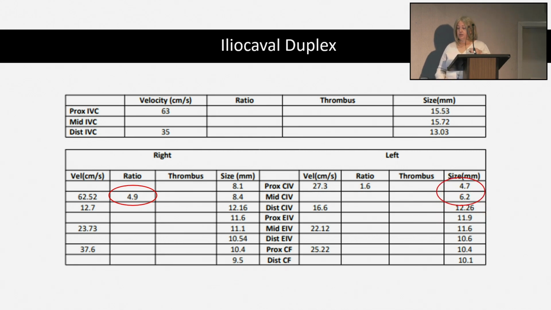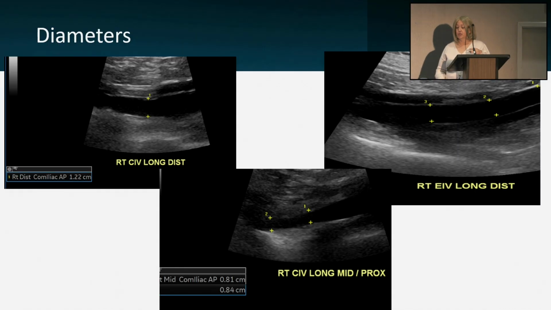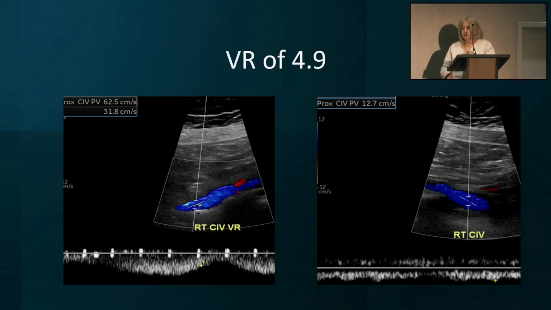But on her ultrasound, you can see the visible narrowing there in her common iliac vein. You can see it, the distal common iliac vein was 12.2 millimeters, going to 8.4 and 8.1, giving you a velocity ratio of 4.9, going from 13 centimeters per second to 62.5 centimeters per second.